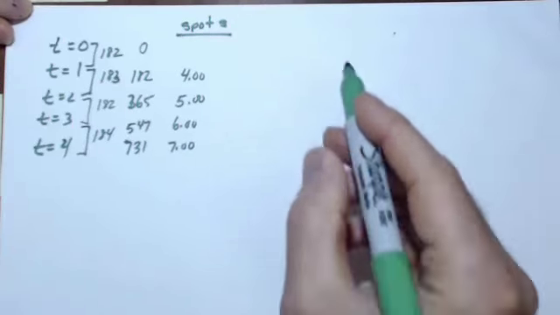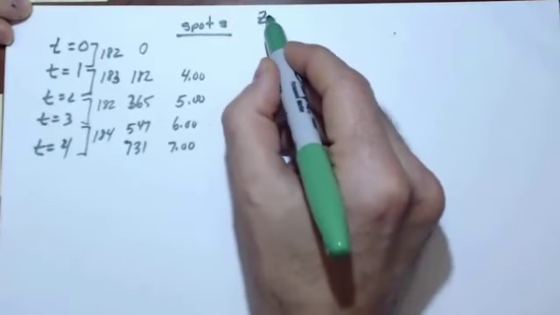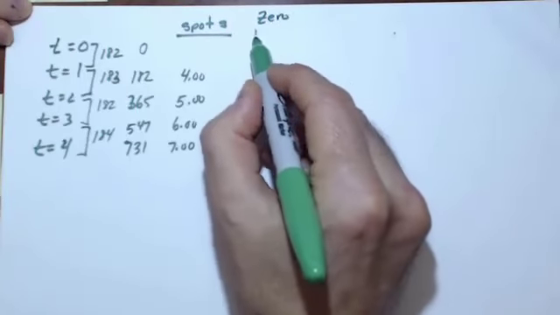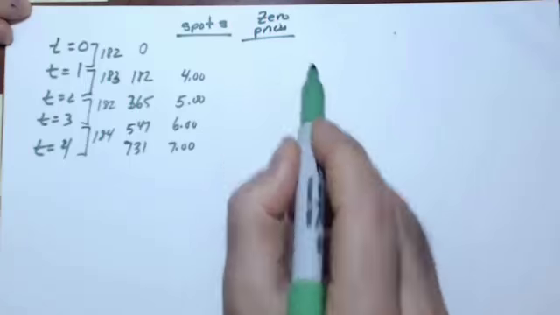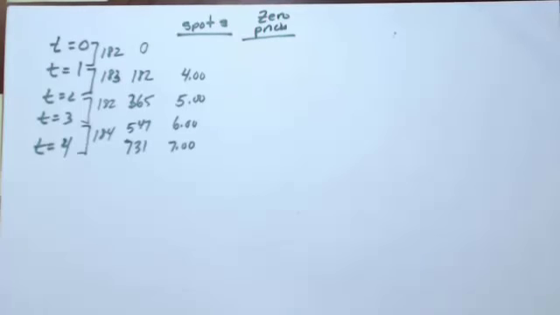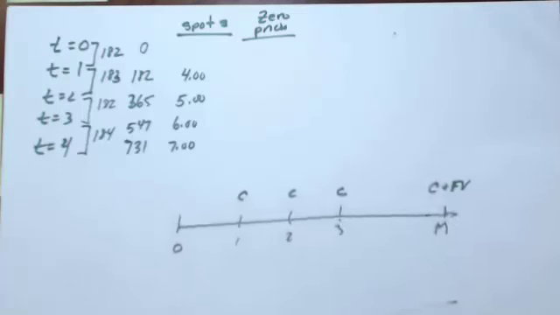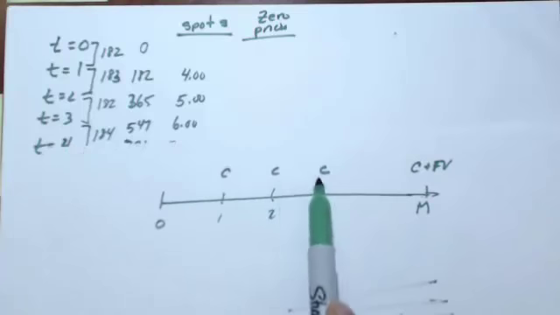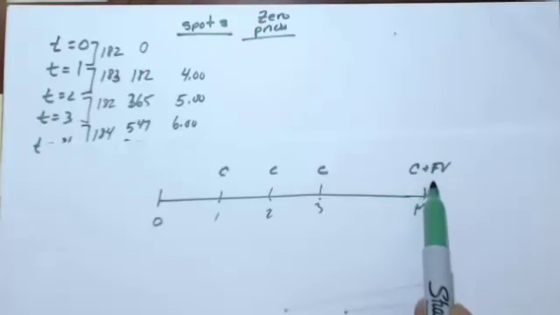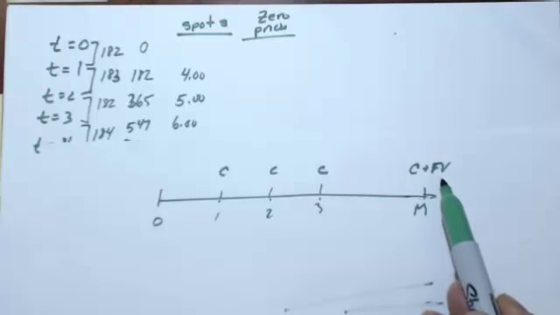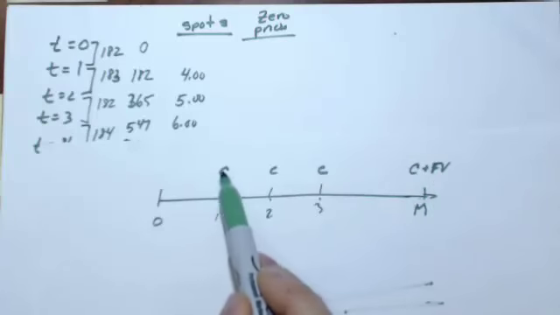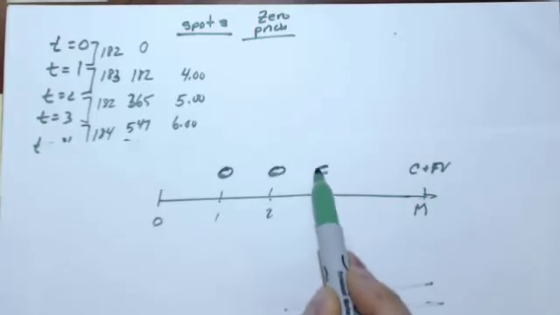Now what we want to do is compute zero coupon prices. Zero prices, I'll call them for short, zeros. A zero coupon bond is just that. Instead of paying coupons and then maturing at the last date with a coupon plus the face value, in other words getting your principal back, these coupons are zero.